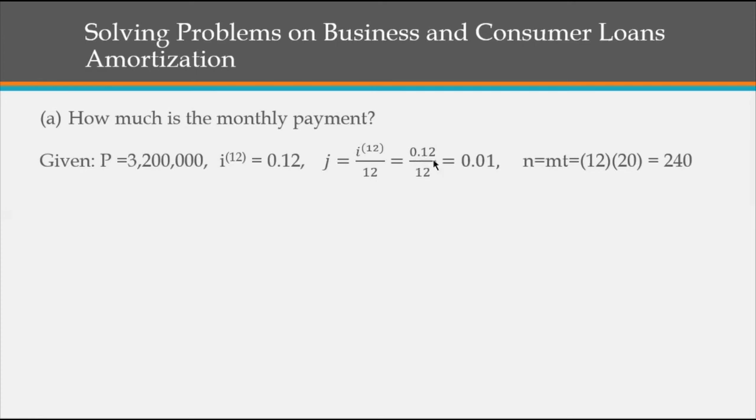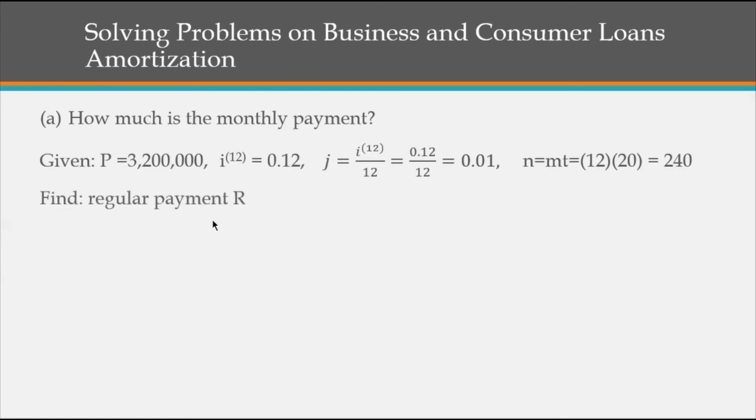So we have 0.12 divided by 12 or 0.01. Then yung ating total period ay N equals mt, 12 monthly times 20 years. So we have 240 periods.